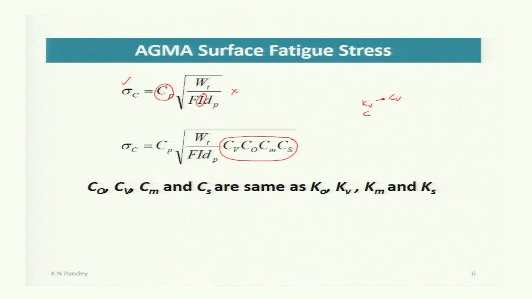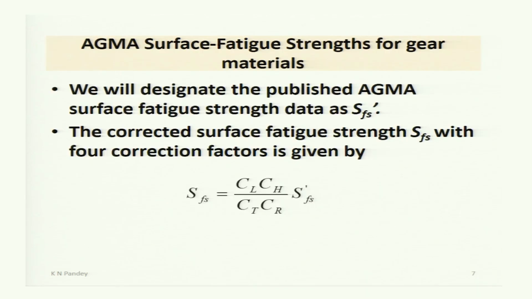Similarly, Co is the overload factor, and this will be obtained similarly as the overload factor for bending fatigue was determined, as well as the mounting factor and the size factor. Now after determining the surface contact stress which will act when the two gear teeth are in contact, we will find the surface fatigue strength for gear materials.